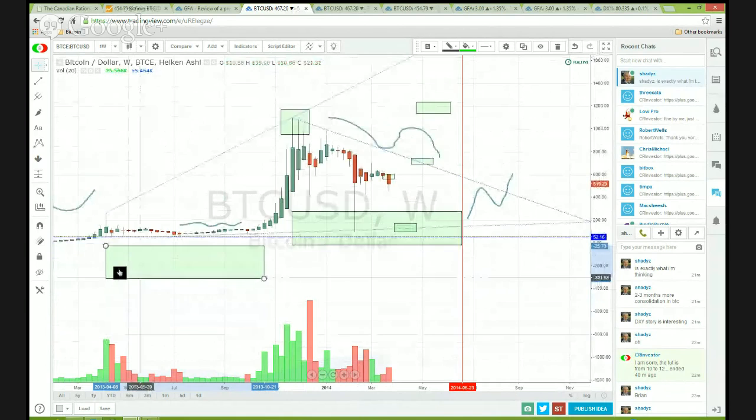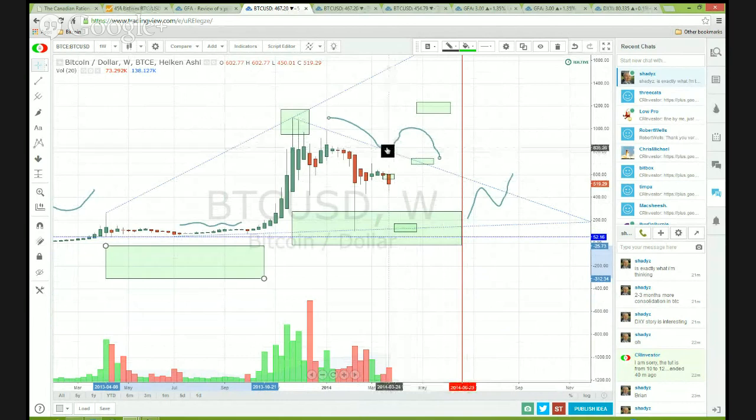Cycle-wise, I think this thing still has some time to fill in this area. Having said that, if we can start closing back above here, which would break this trend line, then away we go. I don't think that's going to happen, but if it does, then you have to respect it.